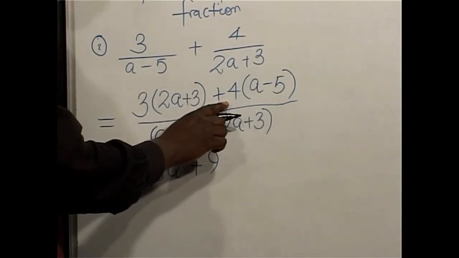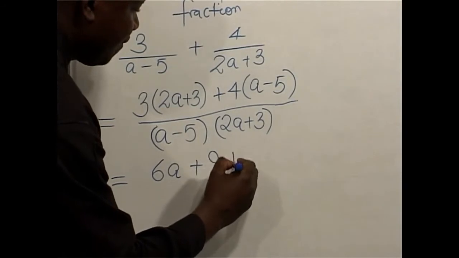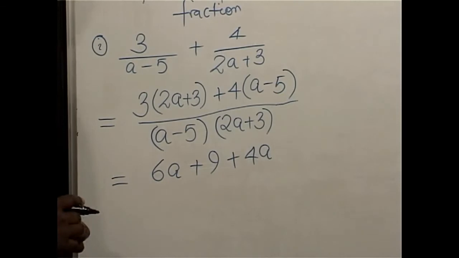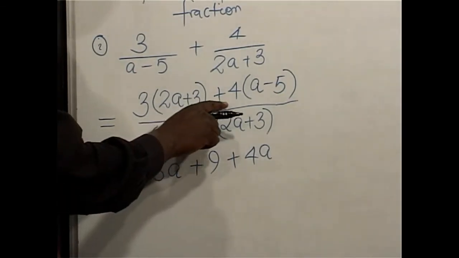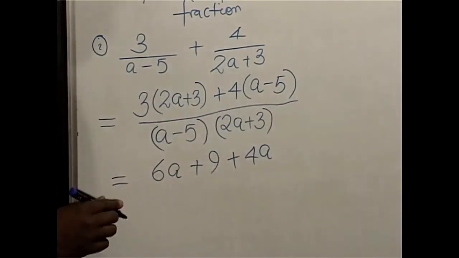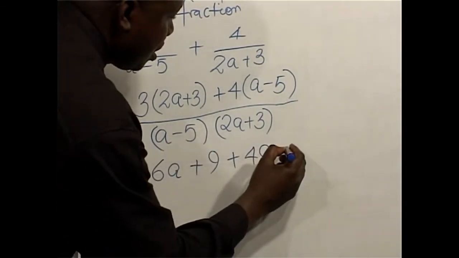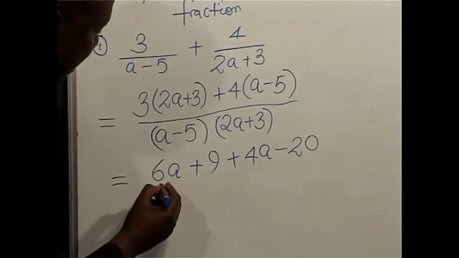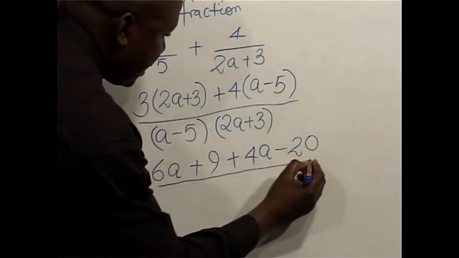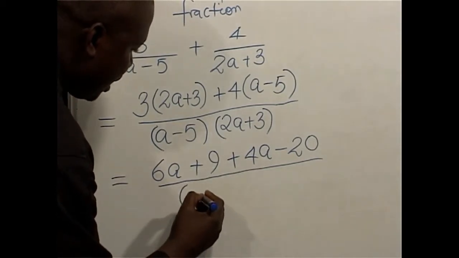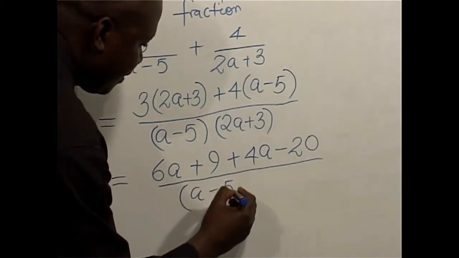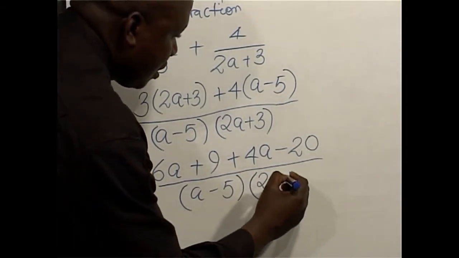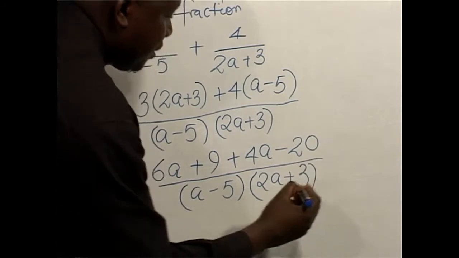Positive 4 on a will give us positive 4a. Then positive 4 on negative 5, the result is going to be negative 20. And the lowest common denominator is going to be the product of a minus 5 and 2a plus 3.